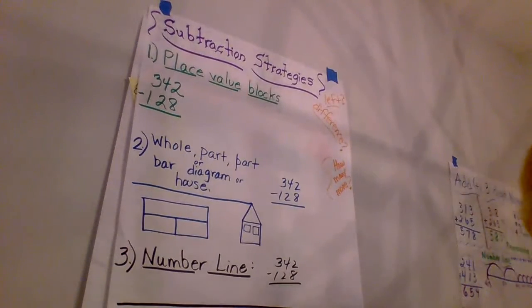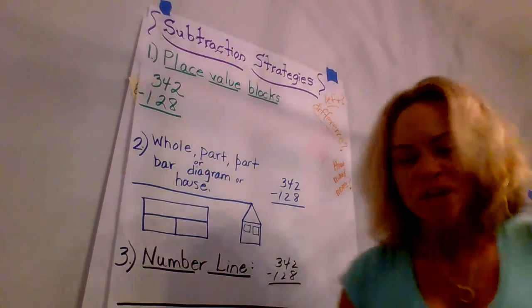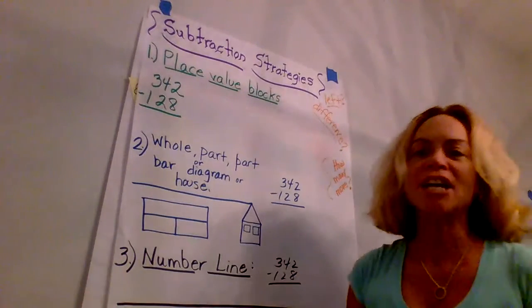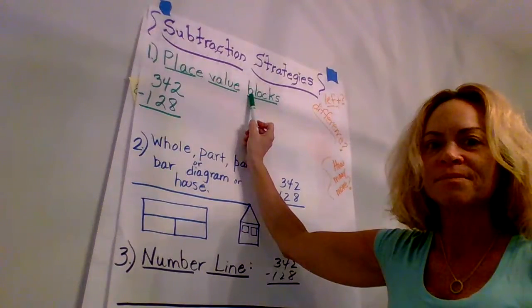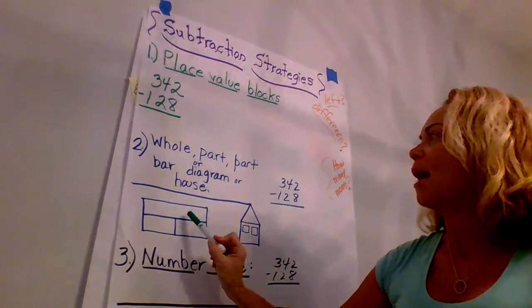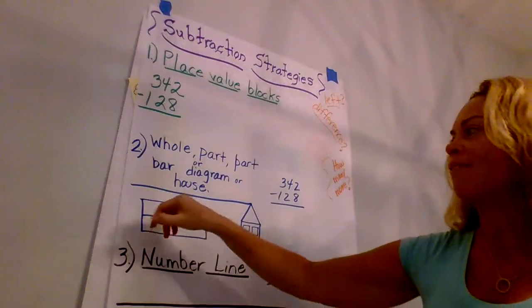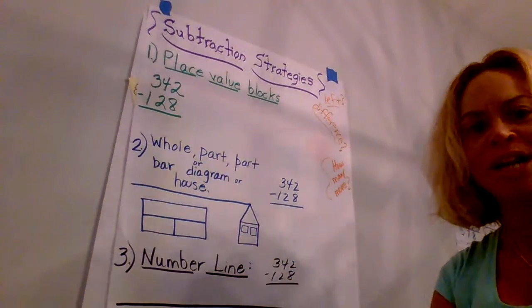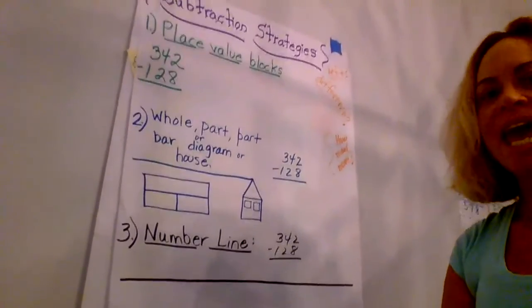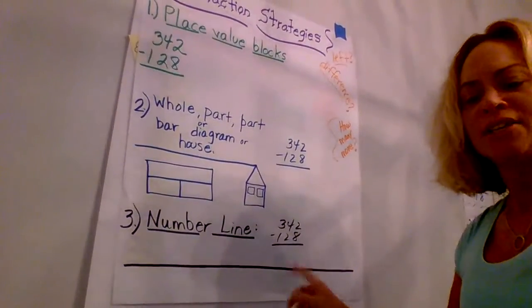All right. So we're going to do 3 different strategies where you can use place value blocks, our bar diagram where we have whole, part, or you can do it in the house too. I'll show you how to do that if you don't remember. And we're going to do the number line to solve.